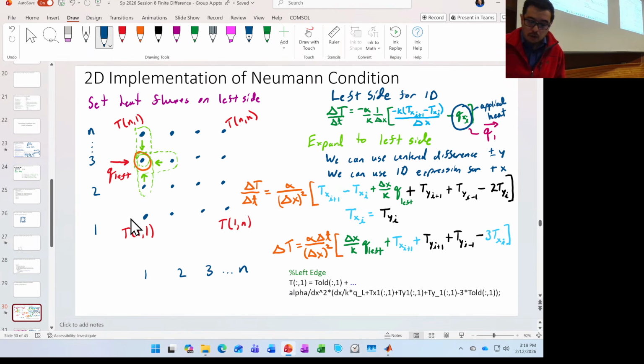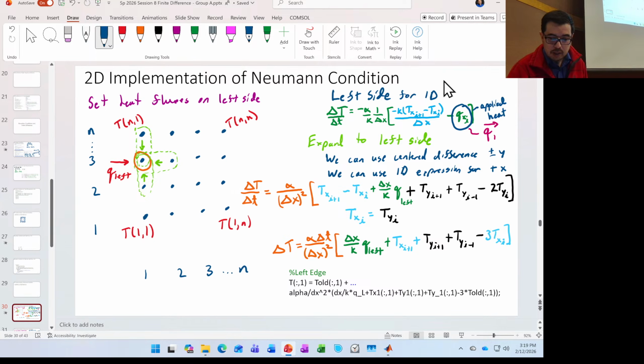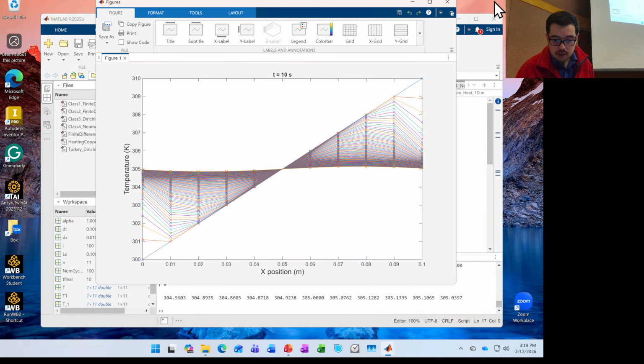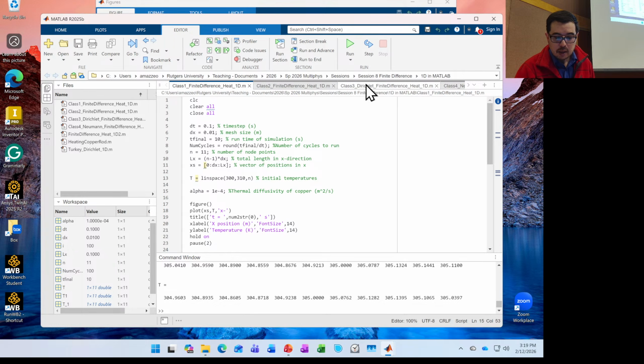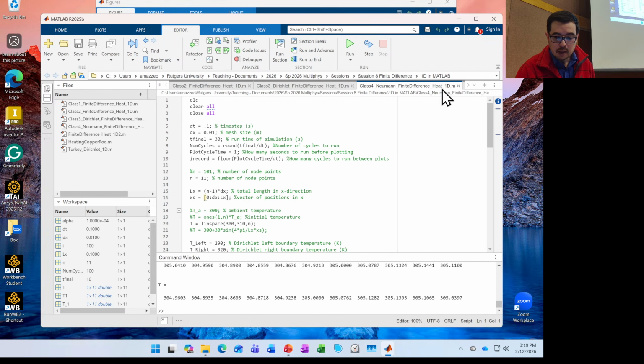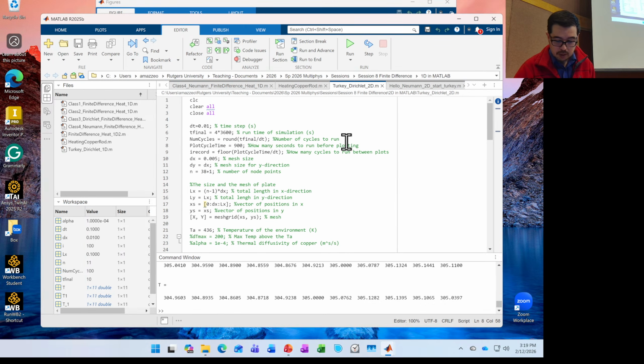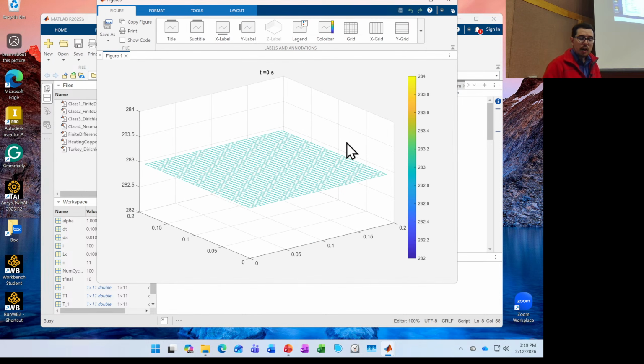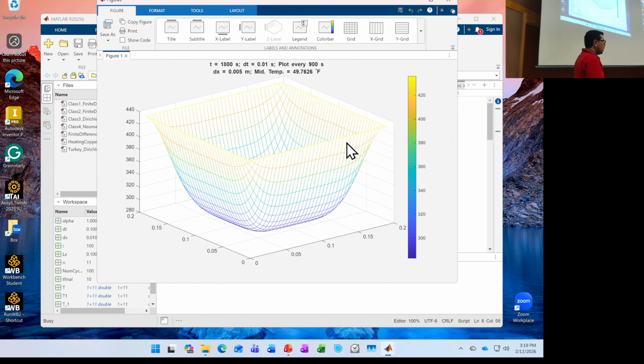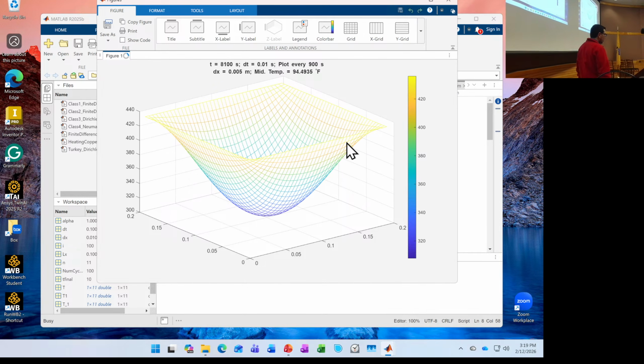All right. Hopefully you have a little bit of appreciation for what's happening with finite difference, okay? And eventually, what you get to do in the homework is think about a rectangular turkey or a square turkey, okay?